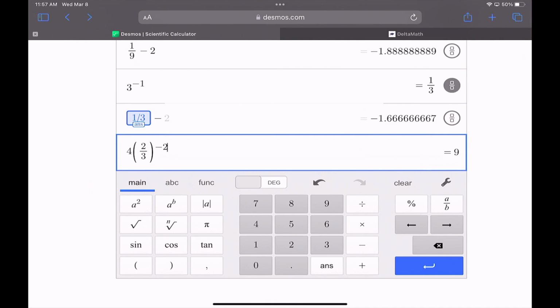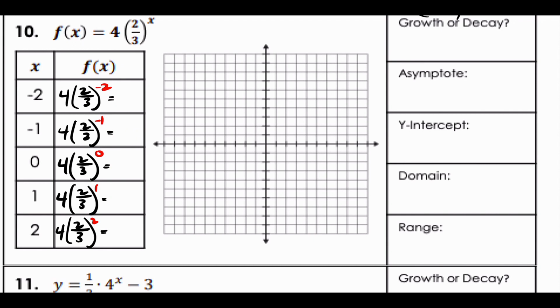Boom. Gives you an answer. It changed it to a decimal and multiplied it all in one. The answer is 9. So it's kind of like your Delta Math calculator would do.